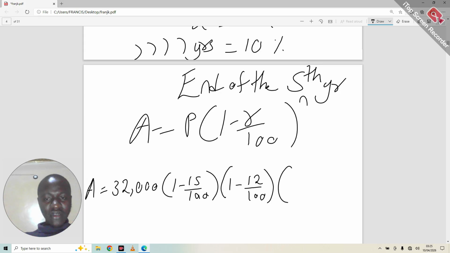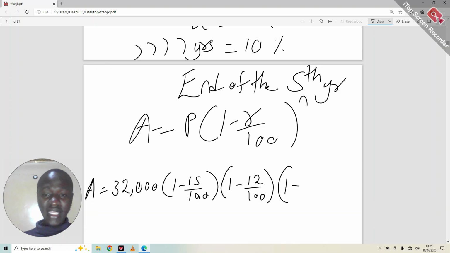Then for the remaining years, the total number of years was 5, because you are being told end of the fifth year. If it were beginning of the fifth year, then it is a total of 4 years. So you must know how to play with the terms, end of, start of.